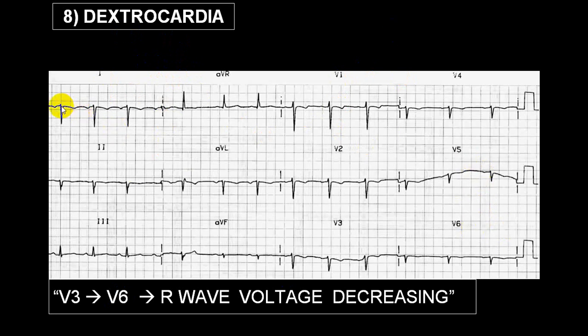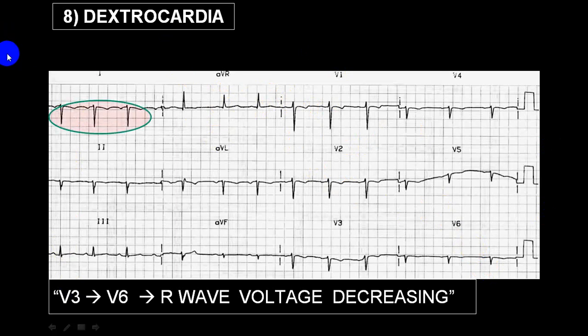So whenever you get right axis deviation, you can see this is a right axis deviation, lead 1 upon lead 3, right axis deviation, AVR is a tall R wave with a narrow QRS complex, and there is non-progression of the R wave from V1 to V6, it is considered dextrocardia. But if there is a progression, then it will be lead reversal. We'll show you in another ECG.